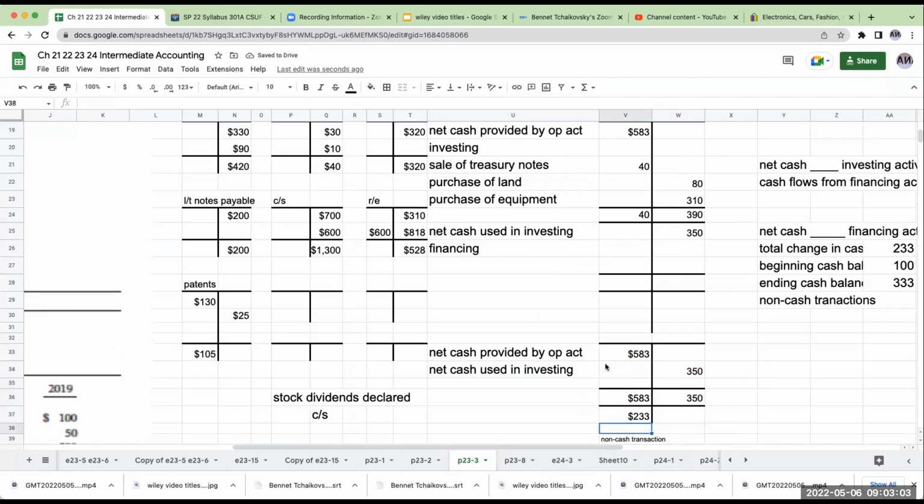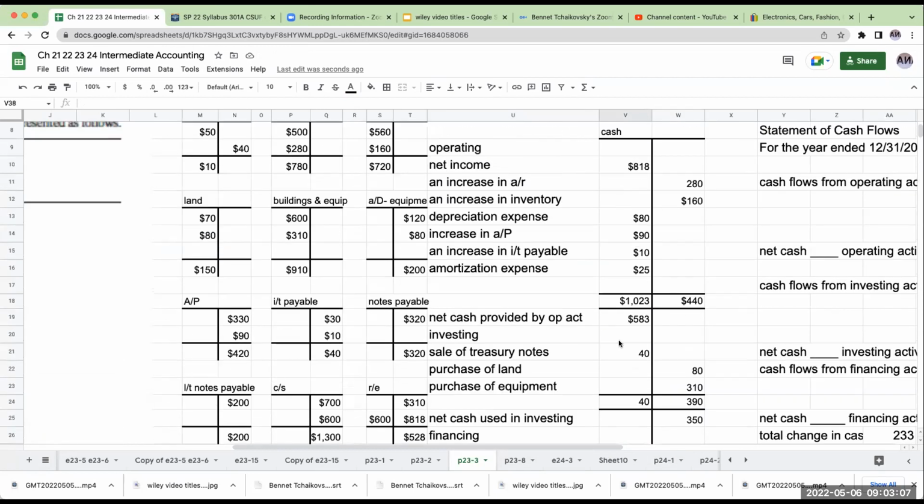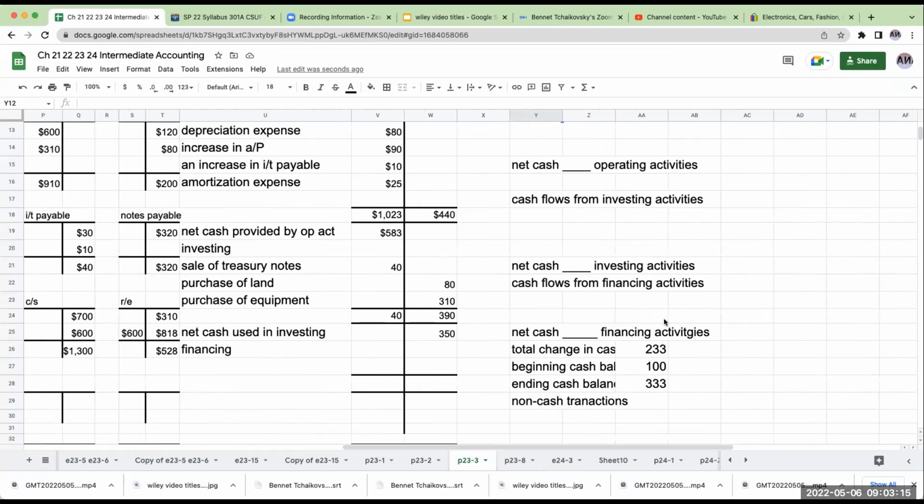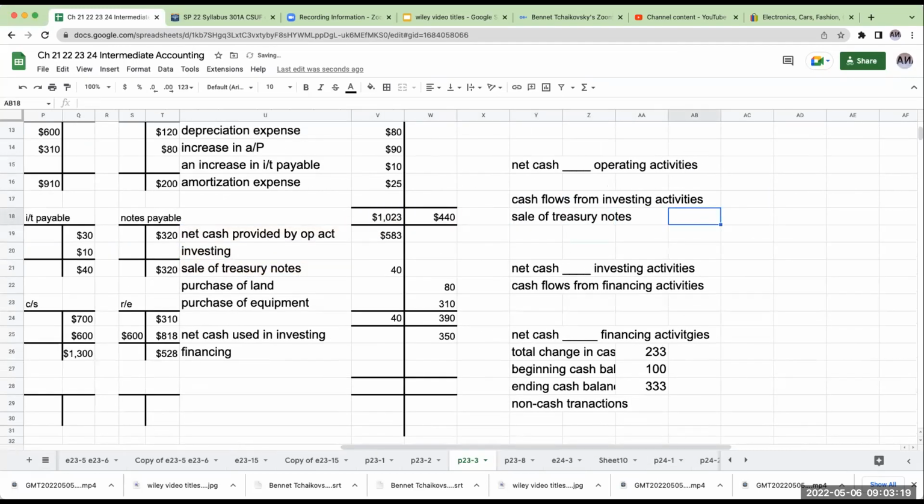Perfect. Okay. So now that I know that I've done that correctly, I did this is indirect method, by the way. So if I was to do indirect method, you've seen me do this in other questions before, but let's just go ahead and do this part with the investing. So I've got sale of treasury notes at 40. These are going to be negative amounts because they are on the credit side.